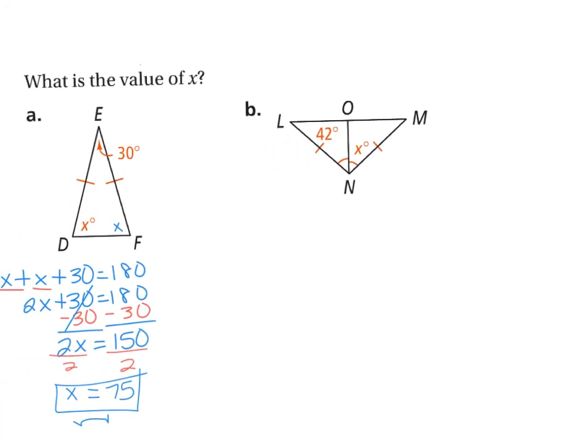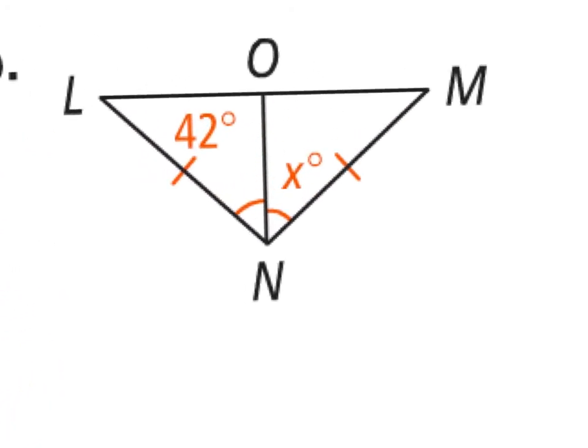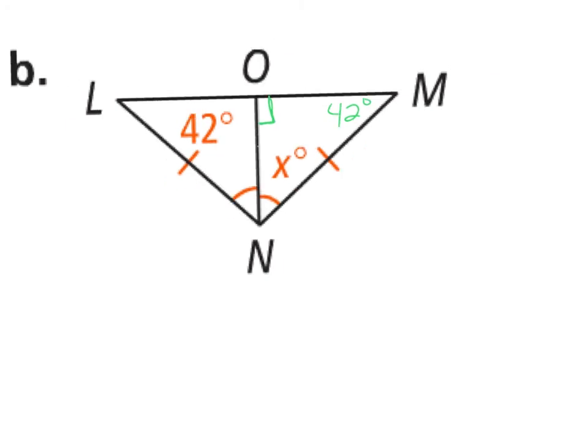So what is the value of x? Okay, so on this one, we know if that base angle is 42, then this one also has to be 42 degrees. Okay, and is this an isosceles triangle? Yes. Is this a median? Yes. So if it's a median, it's also an altitude. Remember we talked about that theorem we wrote in. So that means on this one, that would be a right angle.